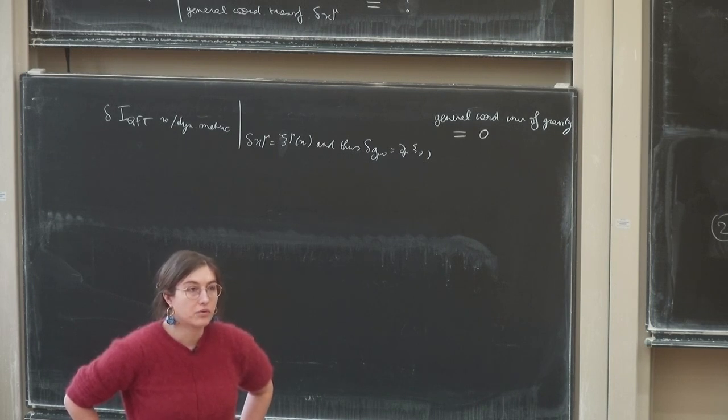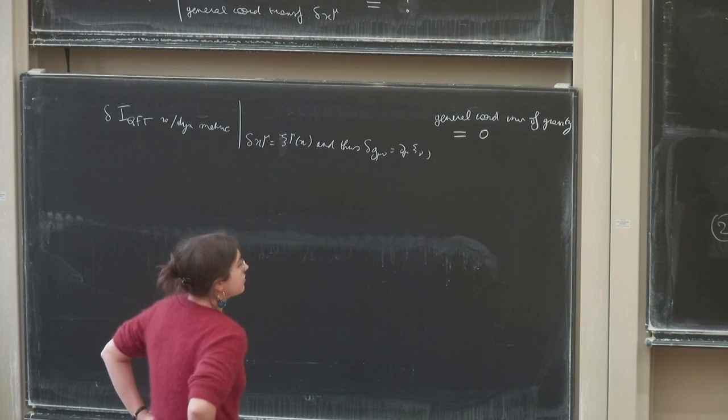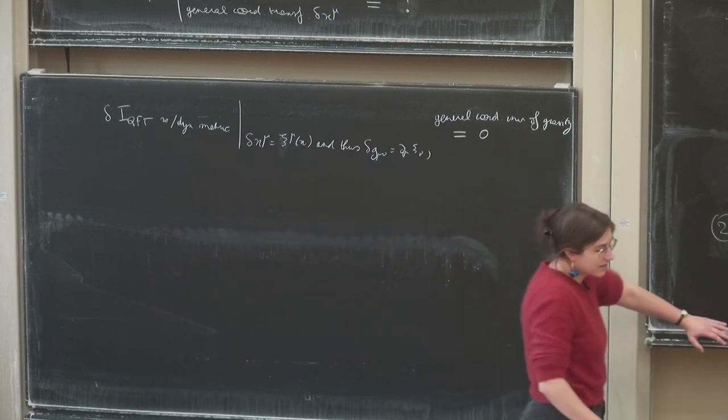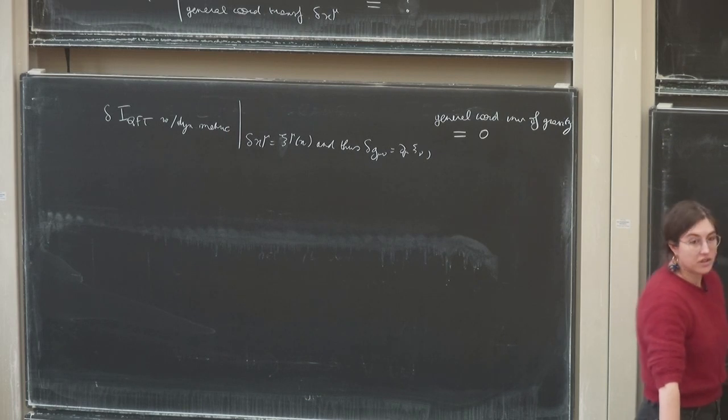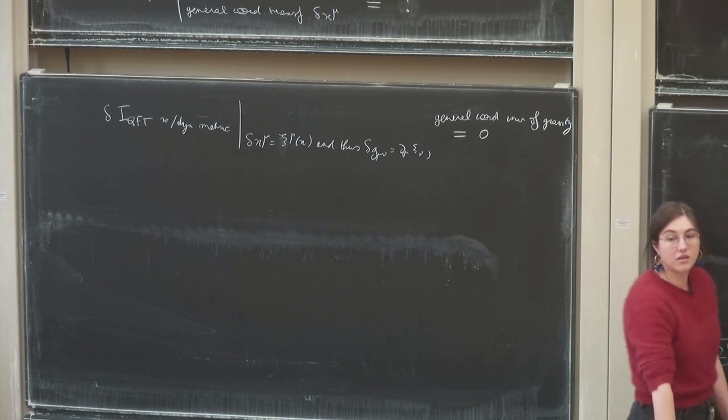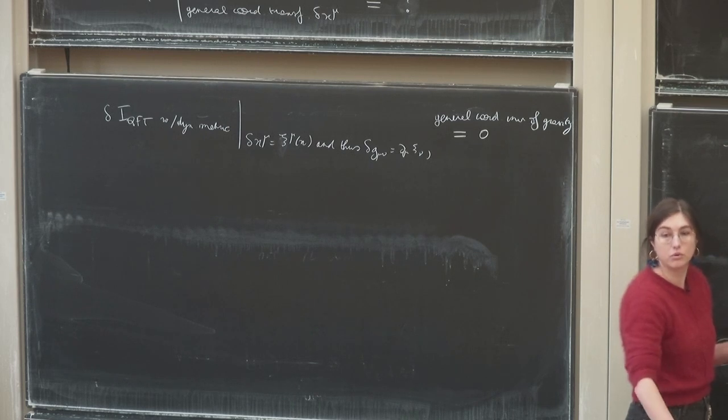So for example, under a passive coordinate transformation, your metric will also change because it's just a change in frame of reference. For example, my metric can change from dx squared plus dy squared to dr squared plus r squared d theta squared in polar coordinates.